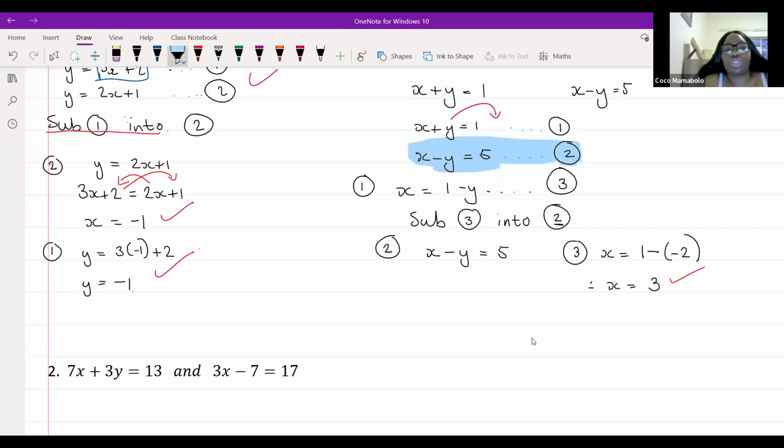Now, equation 3 tells me that wherever I see an x inside equation 2, I must replace it with 1 minus y.